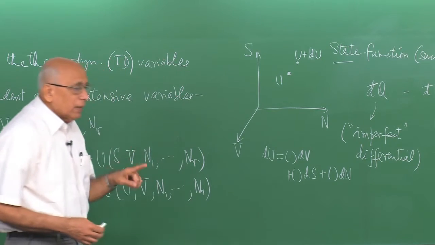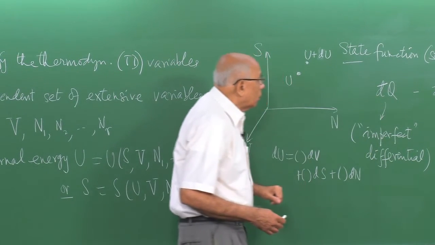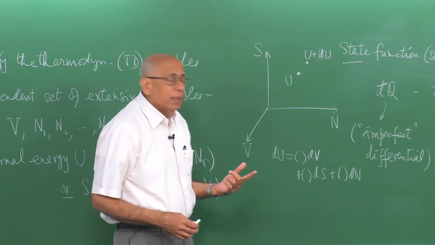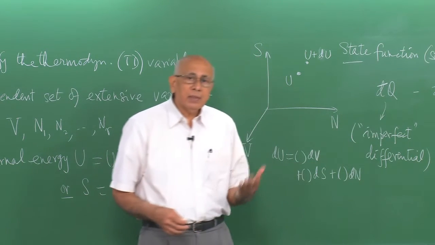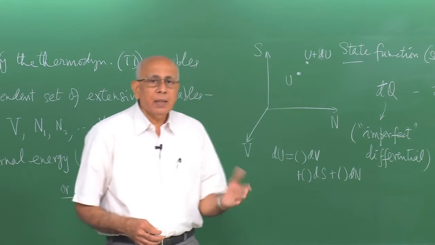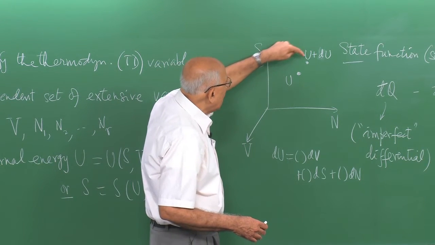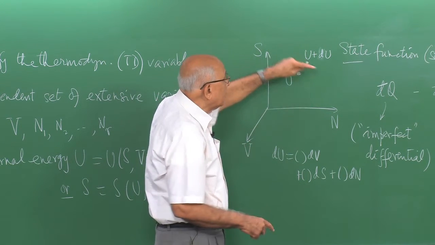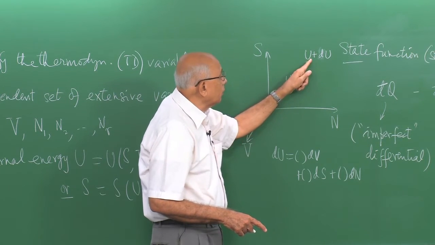An imperfect differential on the other hand, such as this, would be a function which is not a state function. In other words, this incremental value here depends on the path which you have taken in order to get to the new point. So if you had a certain Q here and a Q plus dQ here, this value of this dQ would depend on how you went from U to dU.